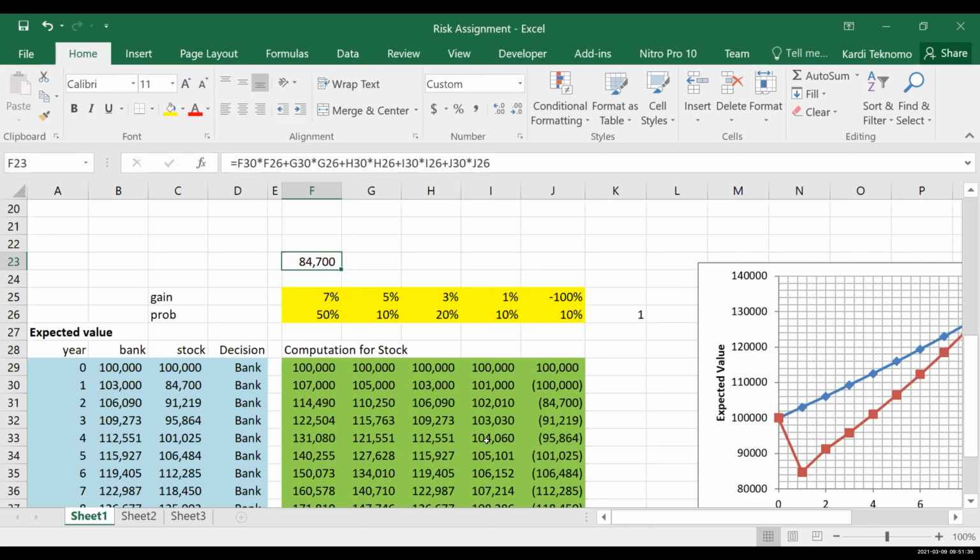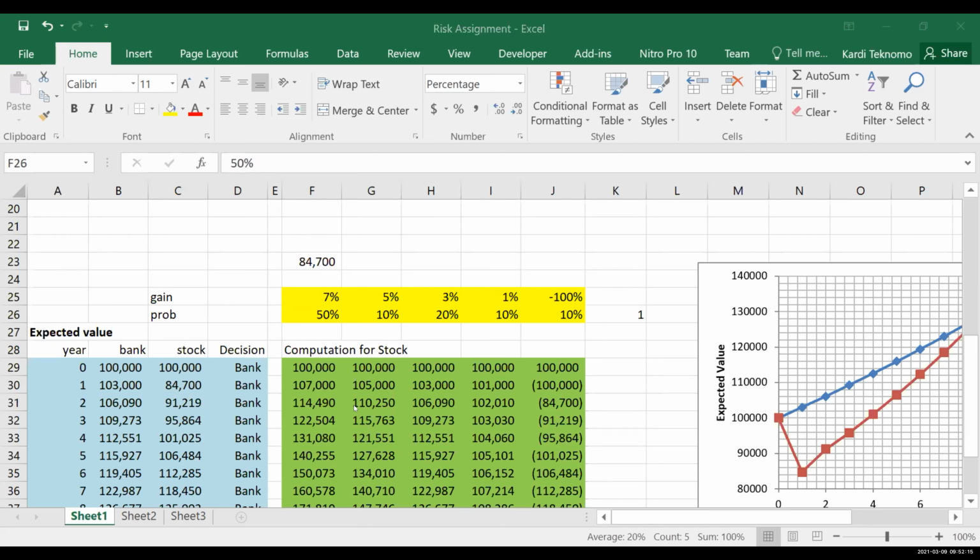Expected value, EV, is the probability multiplied by the value, and then you sum for all values. Expected value is the sum product of probability times value. The one in green here is the values, and these are the probabilities. So you multiply probability with the values, you get expected value.